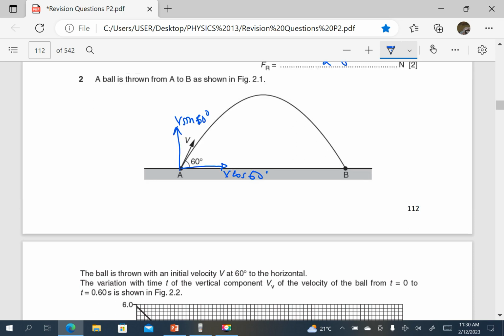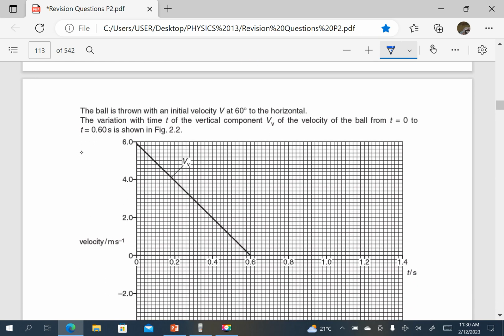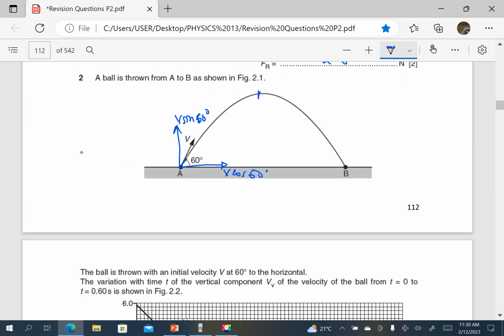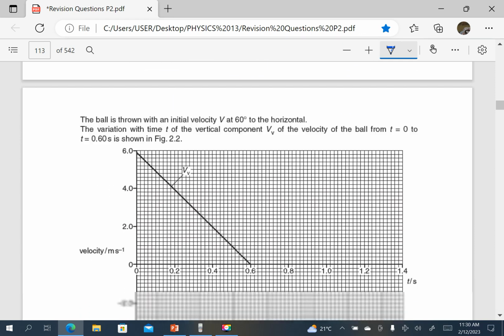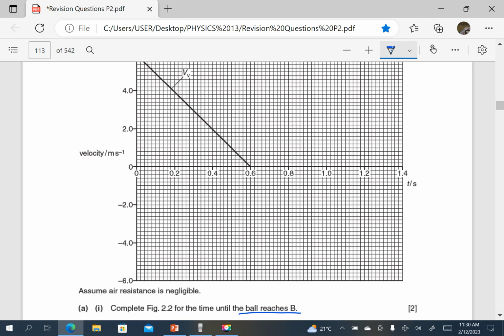Let's see. So it moves upwards and comes back. If it comes back to the same horizontal, it means the time it takes to reach maximum height is the same time it takes to come back. So it takes 0.6 upwards, it will take 0.6 to come back. So I will prolong the line until we reach 1.2.